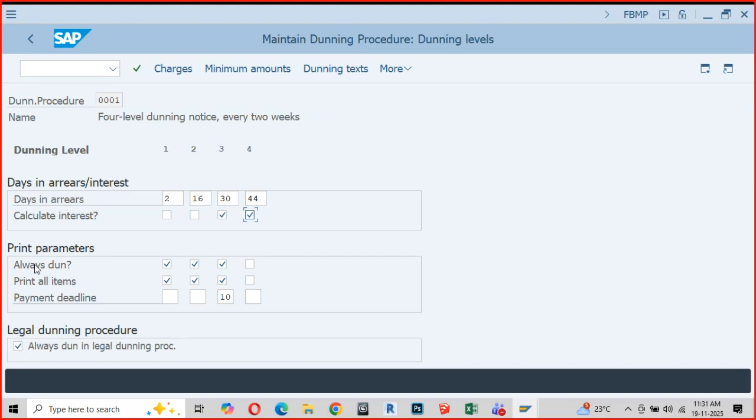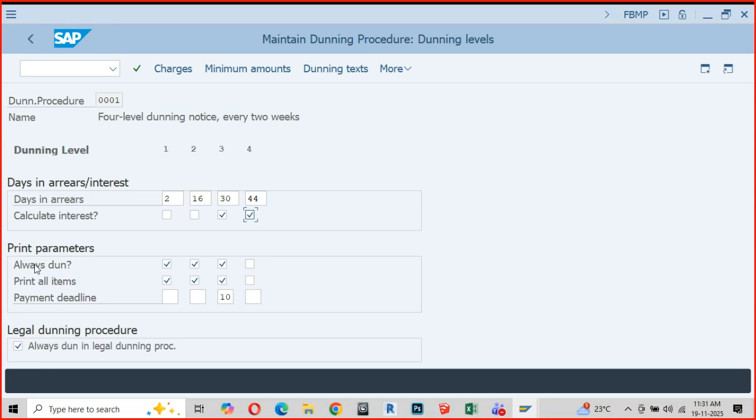So it picks up the dunning after the 16th day, the second level. In case there is an accumulation of invoices between the first reminder and the second reminder, the system asks you whether you still want to dun. If I put a check mark here, it says yes, it should. Always dun.